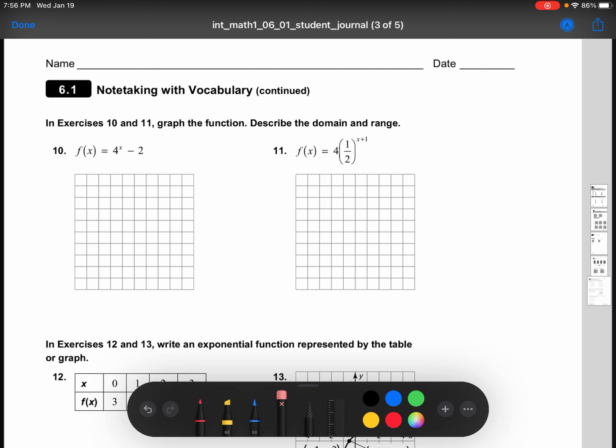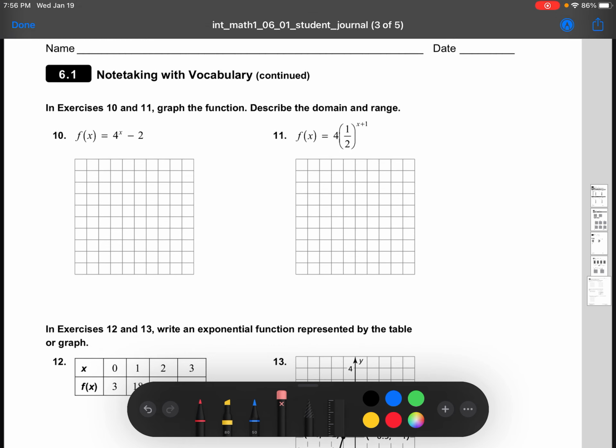So we're going to start with exercises 10 and 11, and our task will be graphing the functions you see right here. The first one is 4 raised to the x minus 2, and the second one is 4 times a half raised to the x plus 1 exponent.